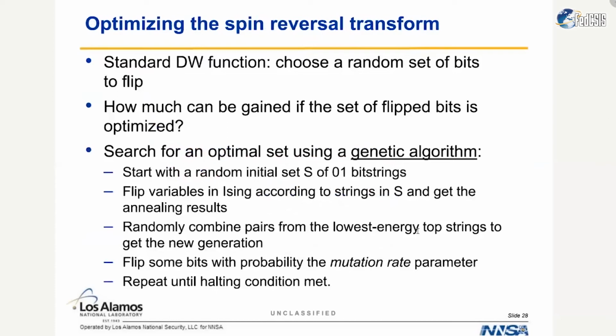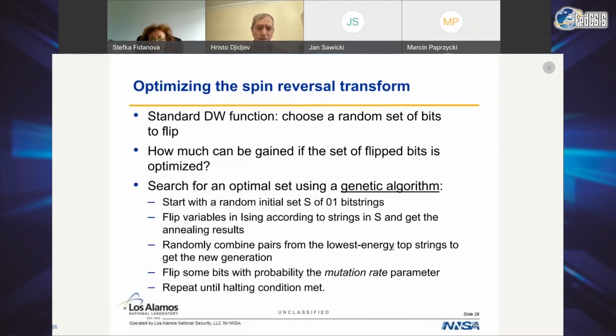So 0 corresponds to the corresponding bit not being flipped, and 1 meaning that it's flipped. Okay, and we have a first generation of S such bit strings. And then we do annealing with each of them, and then look at the solutions, and the ones that have good performance we choose for the next generation.